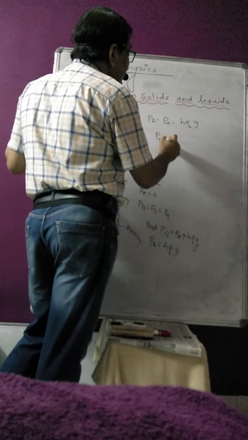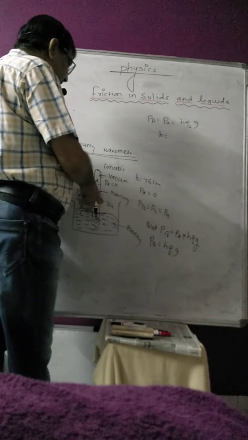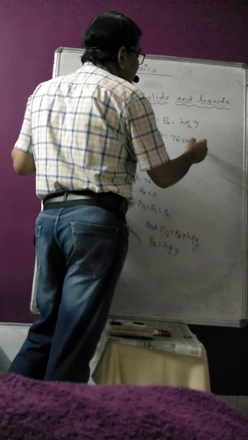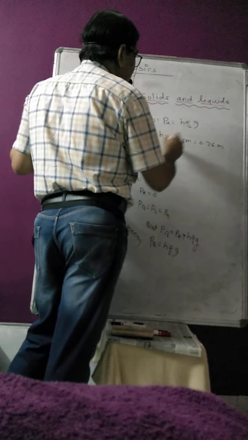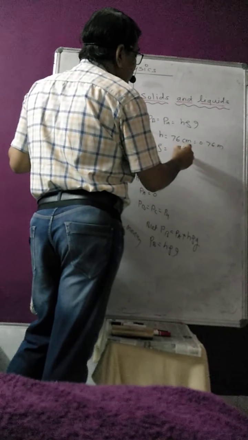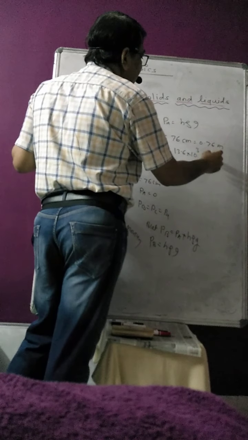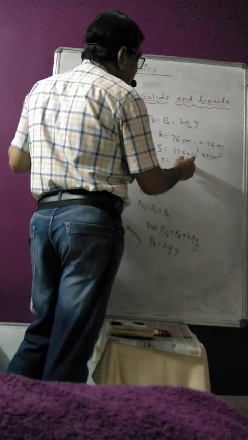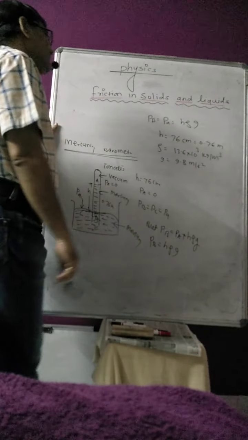What is H here? H is the height of the mercury column, that is 76 centimeter or 0.76 meter. Density of the liquid is 13.6 into 10 raised to 3 kg per meter cube, and g is equal to 9.8 meter per second square.